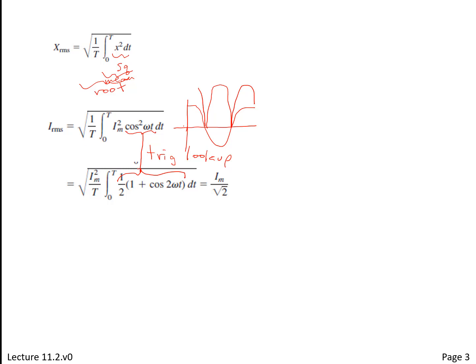Well, the square root of Im squared, that part's easy. Im. If I take the integral of this over one period, there's maybe an interim step in here that I could say, this whole thing, the average value over a period is going to be simply 1. That's part of what's going on here.